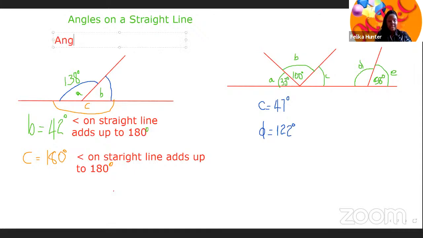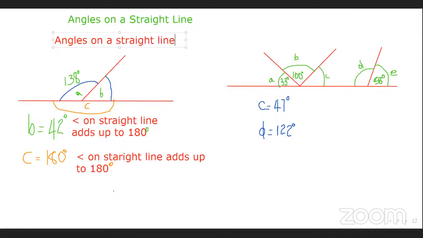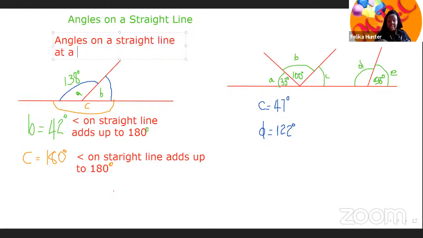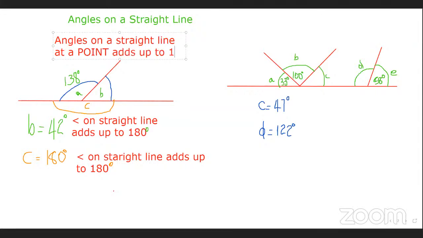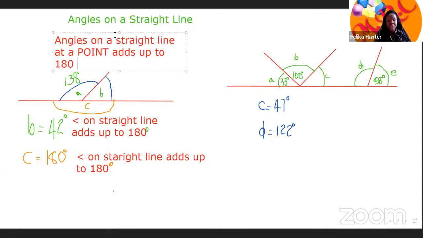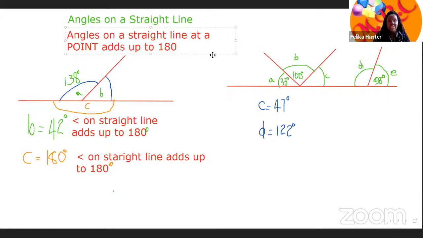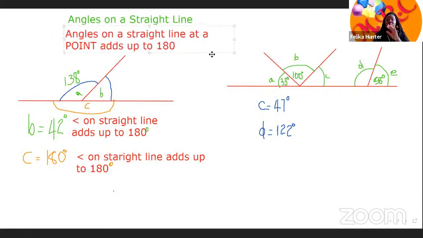Angles on a straight line at a point add up to 180 degrees. Let me put point in bold. This is a popular misconception. So I need you to know that when you give me your answer, remember, I want you to be confident in your answer.